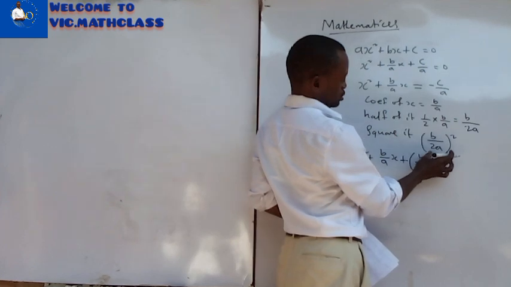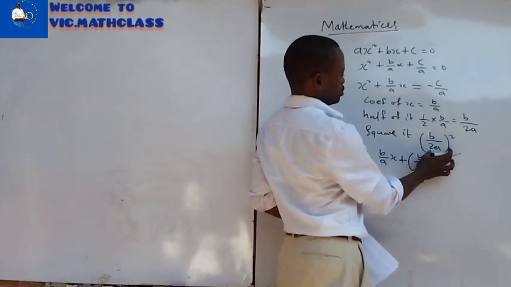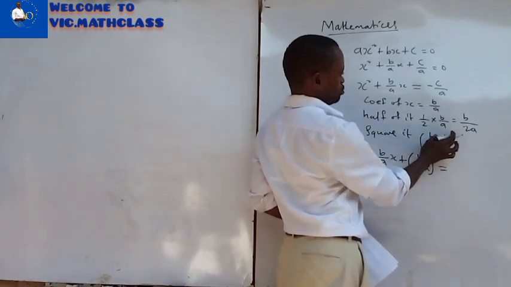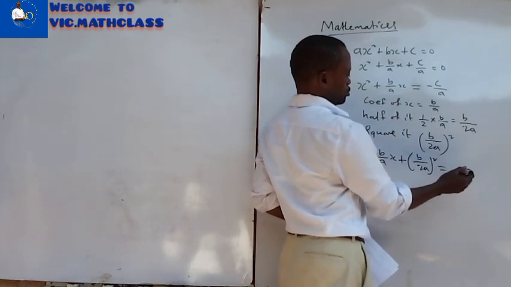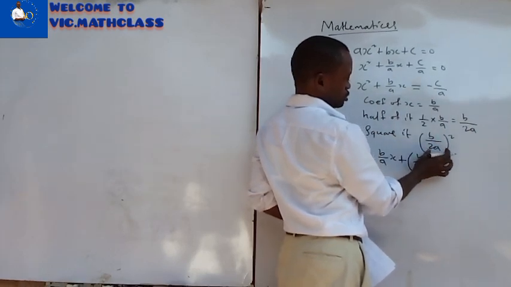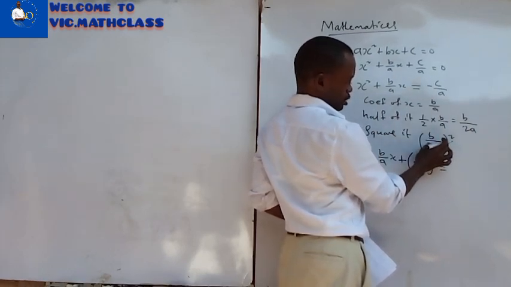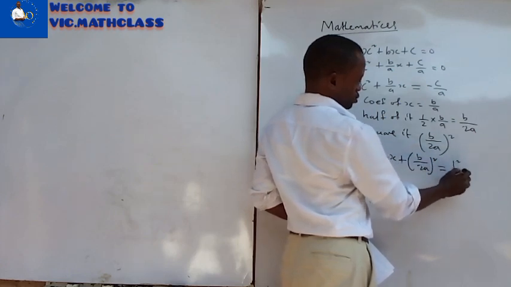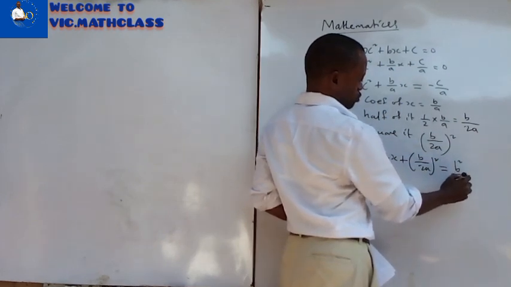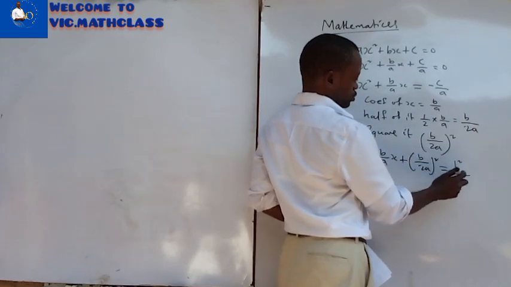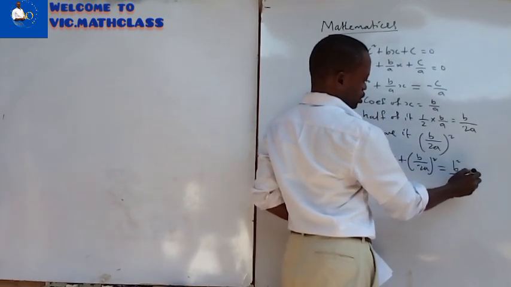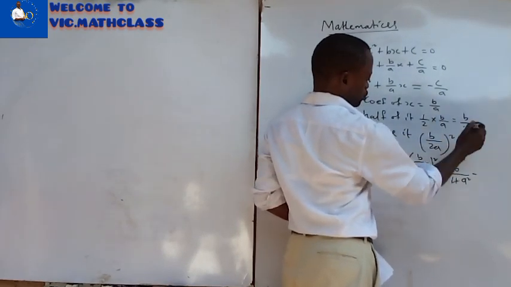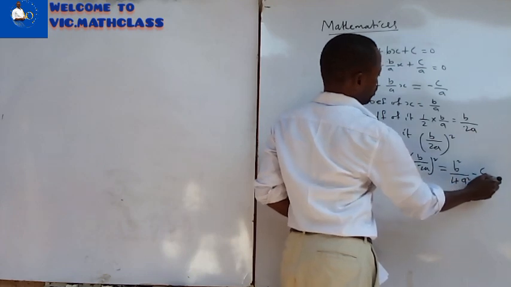Let me take this first, because this is positive, before putting this negative value. So in the real value of it, this will be b squared over 4, because 2 squared is 4, and this will be a squared. So minus, now put minus c over a.